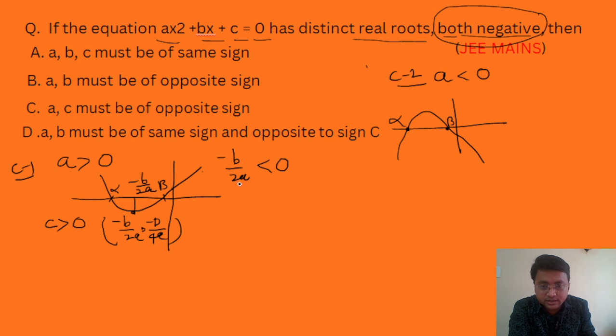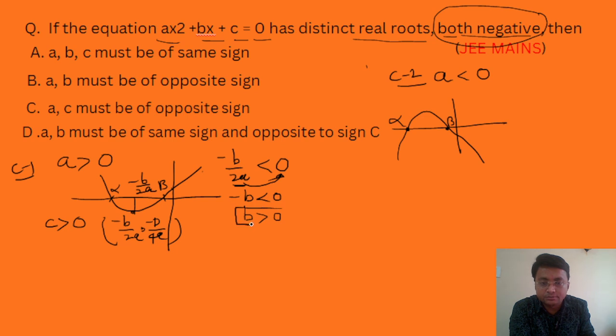Now you see here a is already positive, so definitely the inequality becomes minus b less than 0. But we have to find the sign of b, so to remove this minus sign, you multiply both sides by a negative. When you multiply, the sign will get changed.